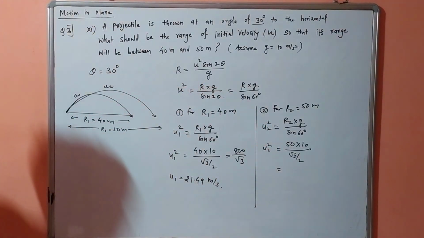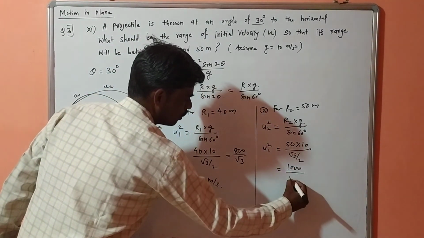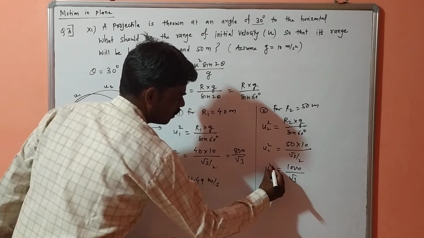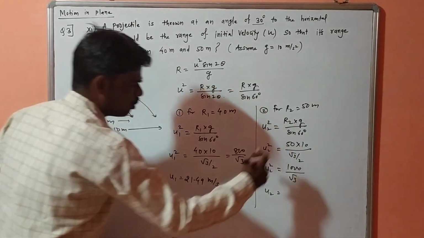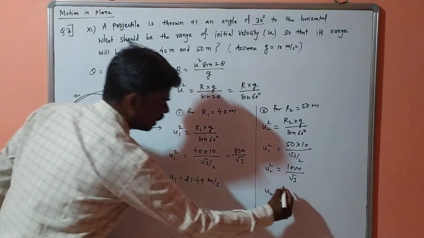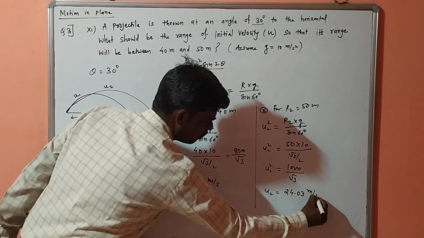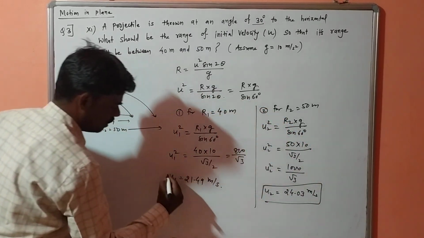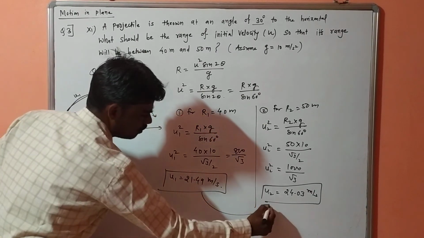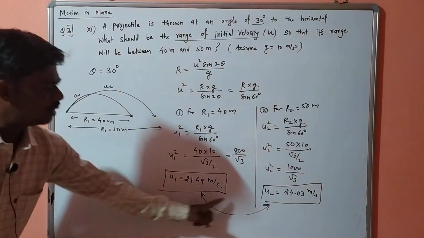So it becomes 500 into 2, 1000, and 1000 by root 3 is u2 square. So taking the square root of this value, I will directly give you the answer, 24.03 meter per second after calculation. These are the two different velocities. That means this is the range of initial velocity that we have obtained.